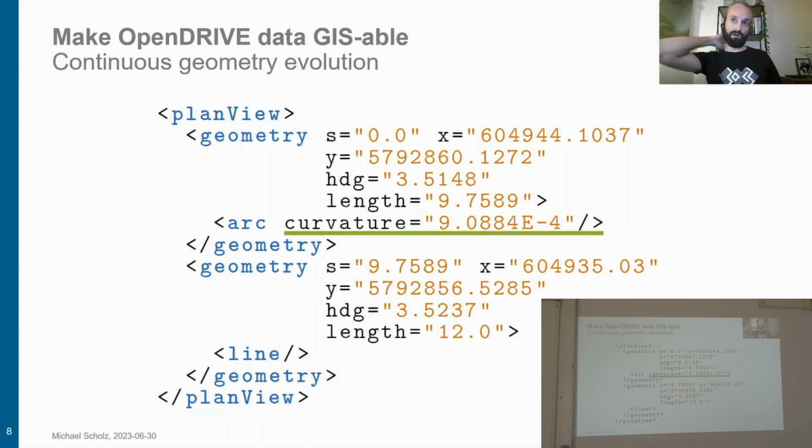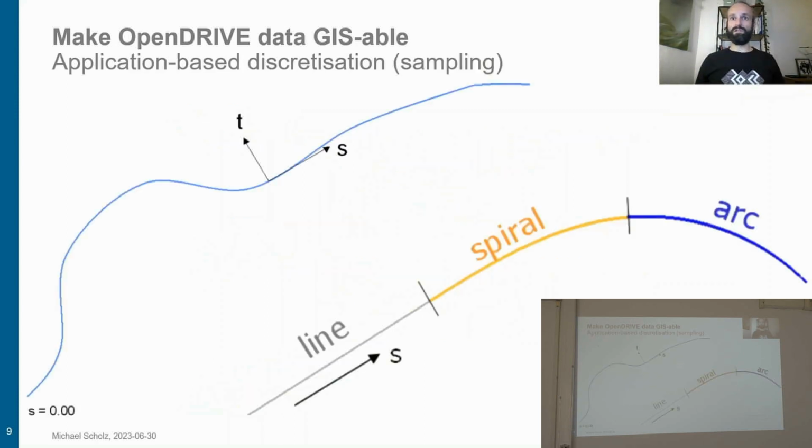Here we have just an arc with a constant curvature, but it can vary very much, especially if you have real-world datasets. So in order to convert the data, you have to discretize the data, which is basically what at the latest you have to do when visualizing the data, and everybody is doing it for OpenDRIVE sooner or later in order to get the data somewhere to be processed.